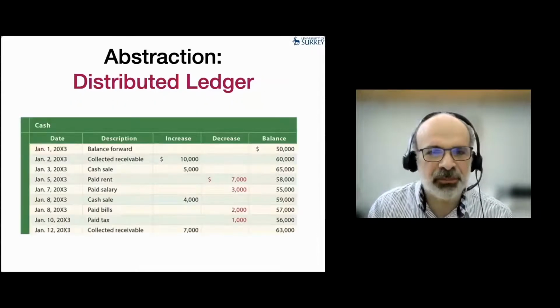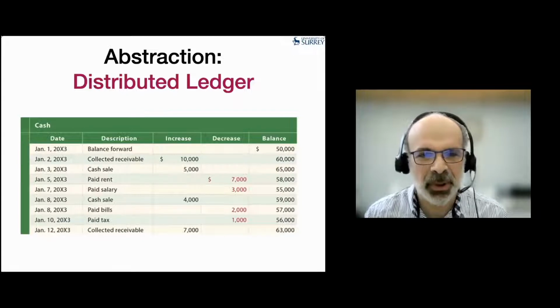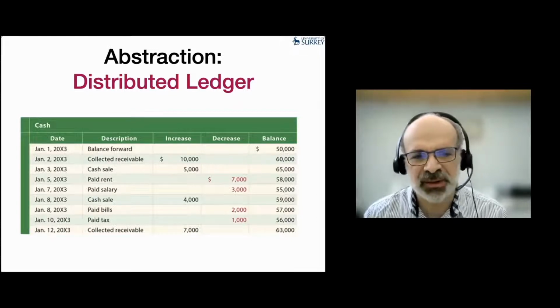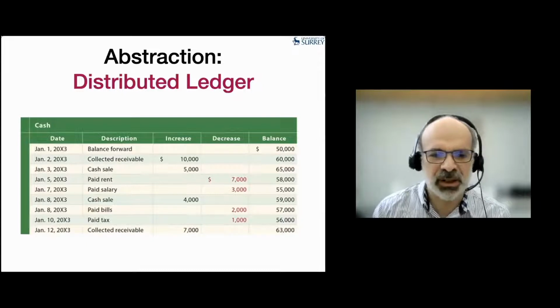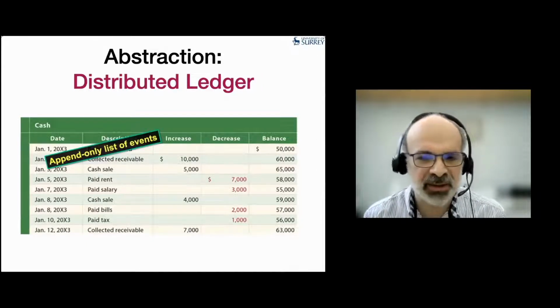Right, so just a brief reminder, as basically everyone here knows at least something about this thing called blockchain or distributed ledger. That can be viewed as a process and an abstraction: the abstraction of an append-only list of events.